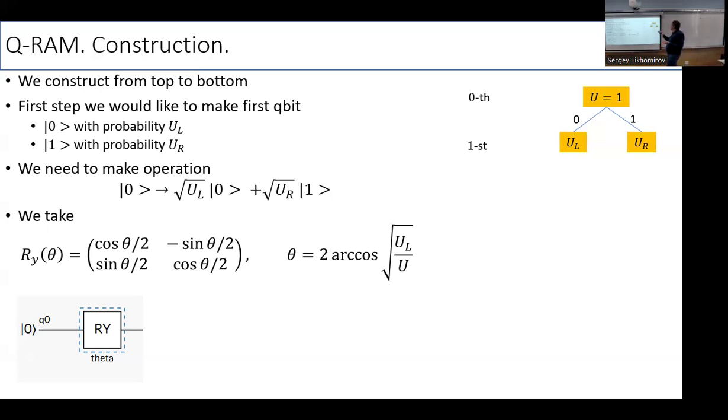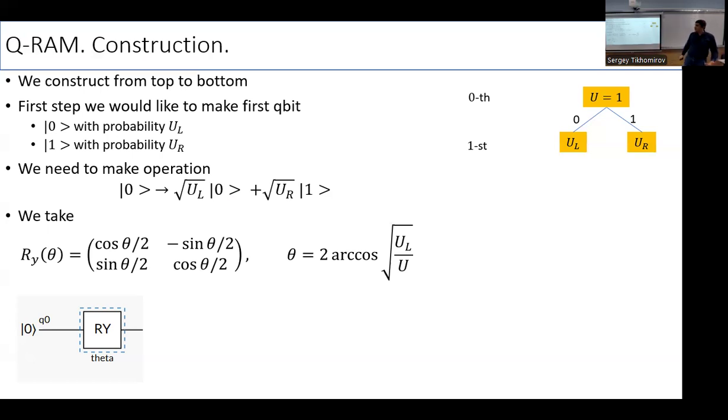To get those probabilities, it's not necessary to have exactly those values, but it would be more convenient to have exactly that.